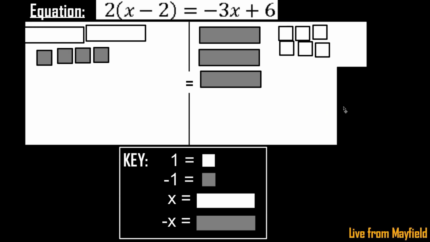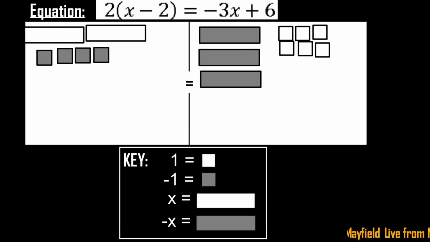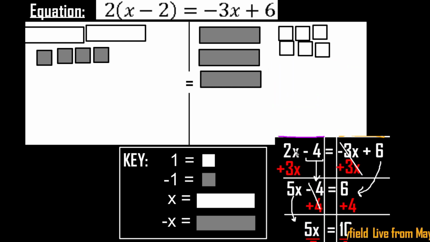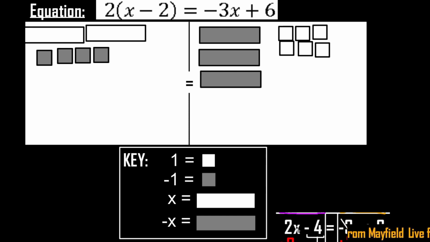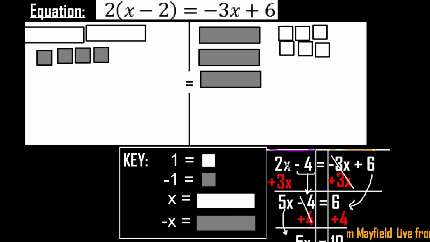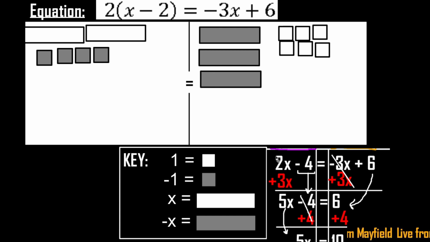Well, according to our playbook here, and I'm going to put it about right there, again, we're on this line right here. We have 2x minus 4, equals, and then negative 3x plus 6. So we know that our model is correct. And so let's do the next step.